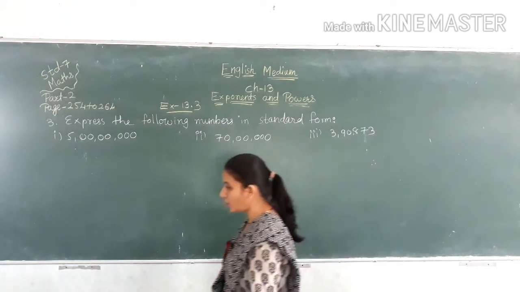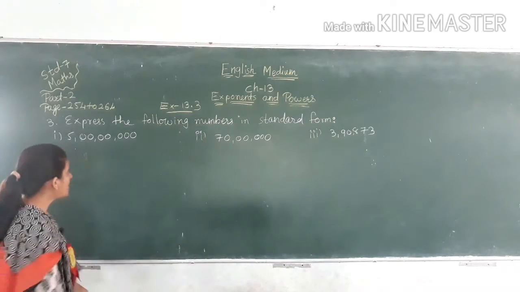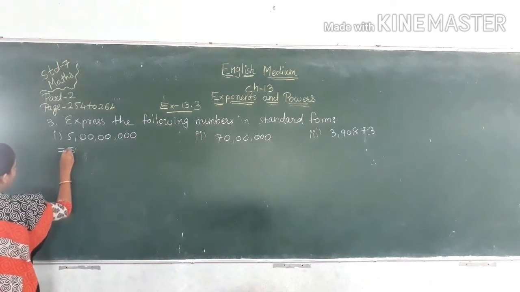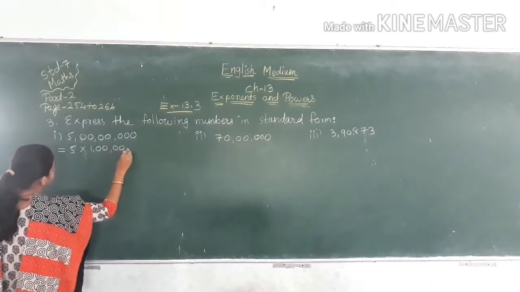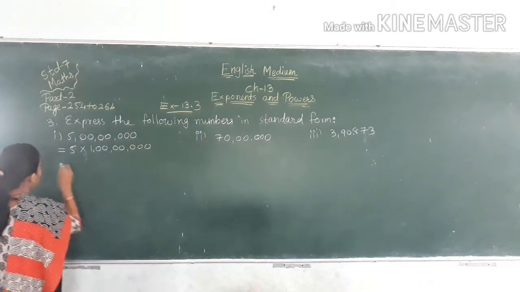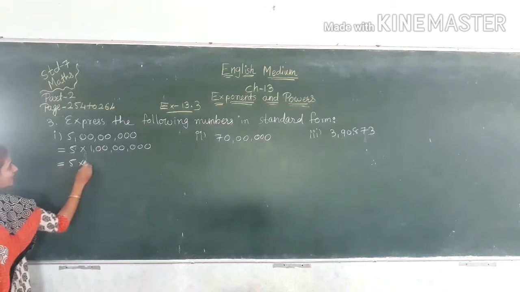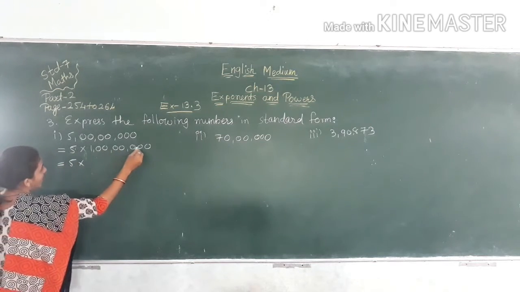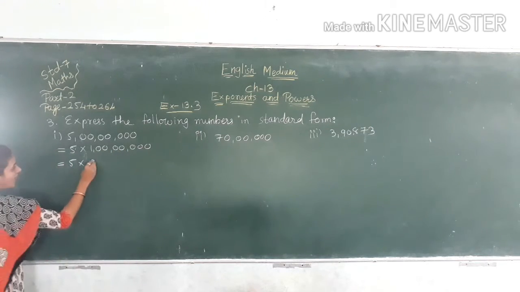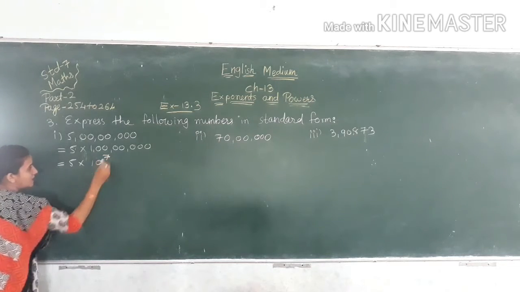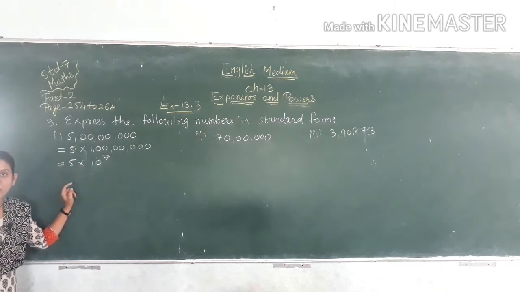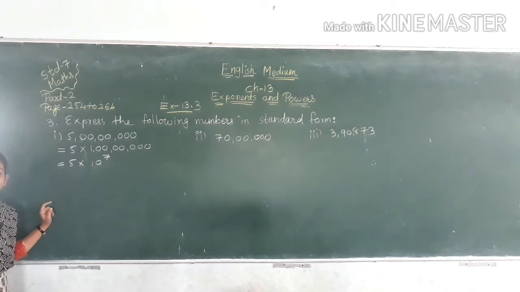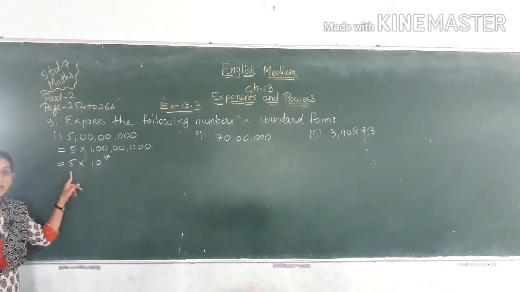Here 5 crore, that is 5 multiplied by 1 crore. So 5 multiplied by 10 raised to the power of 7. This form is called the standard form of 5 crore.